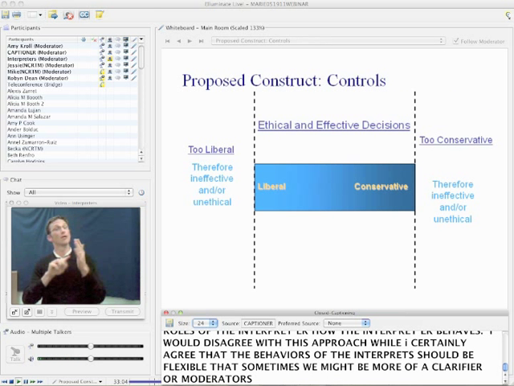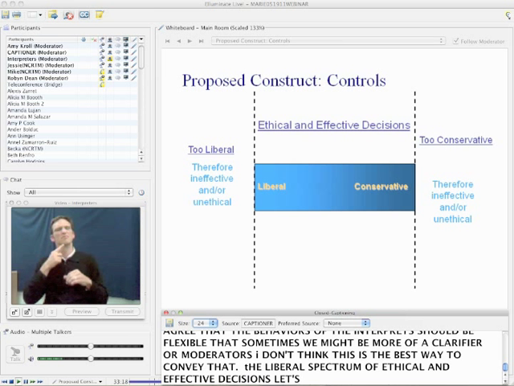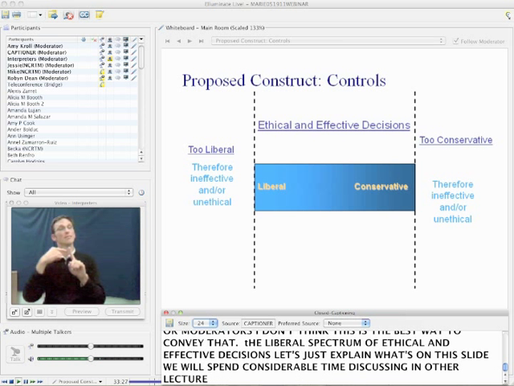Instead, we have suggested this other construct of what we call the liberal to conservative spectrum of ethical and effective decisions. Let me just explain what's on this slide. Again, this is a construct that we will spend considerable time discussing in other lectures, but also in online activities.